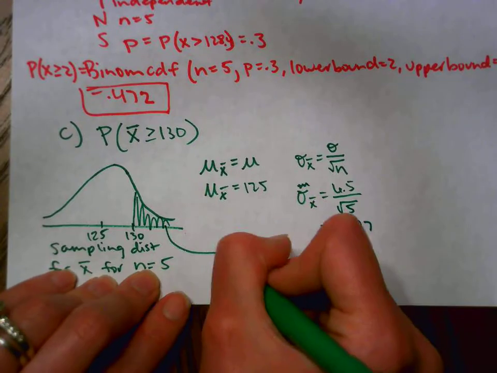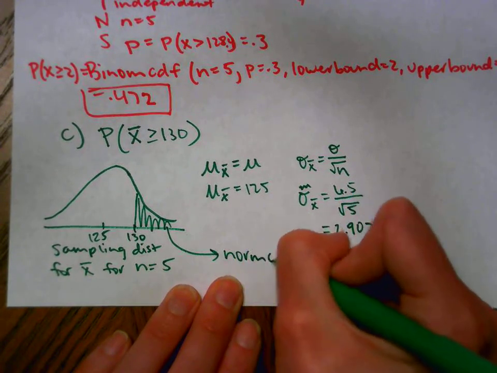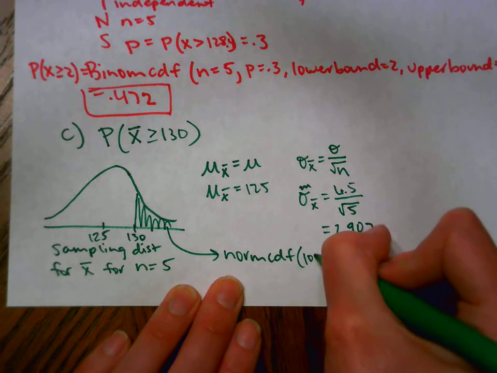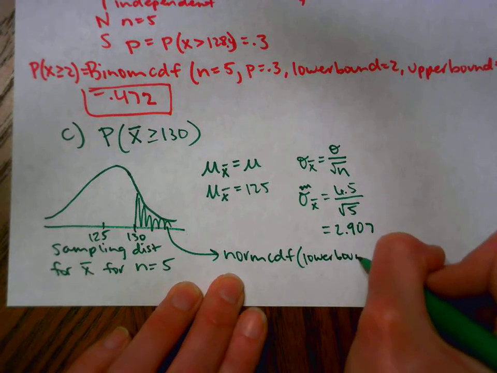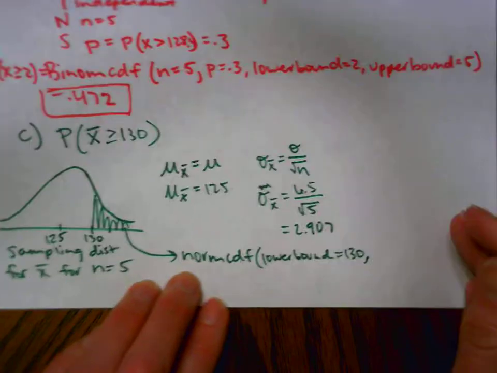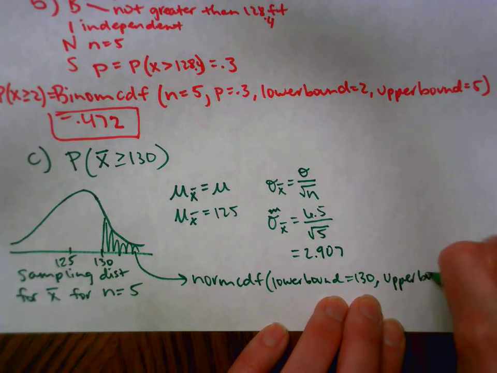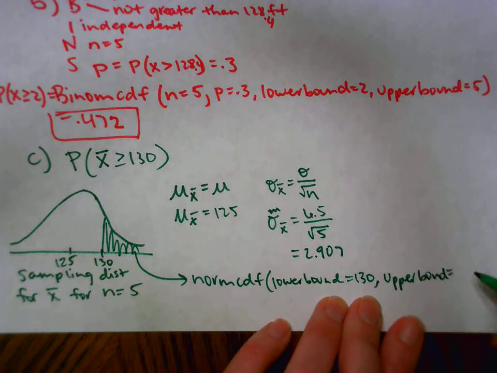So to find that area, that probability, we're going to do normal CDF. The lower bound is 130. The upper bound is infinity, 9e999.